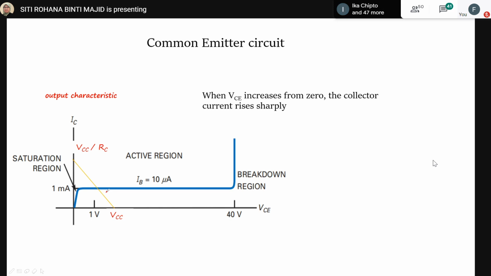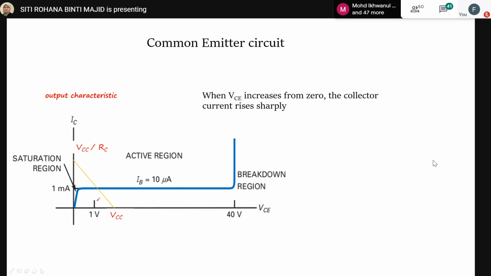Okay, Q point is the operating point. So that means starting at this point, the BJT will function very, very well. And this Q point depends on the IB value, because the IB value is a constant here.